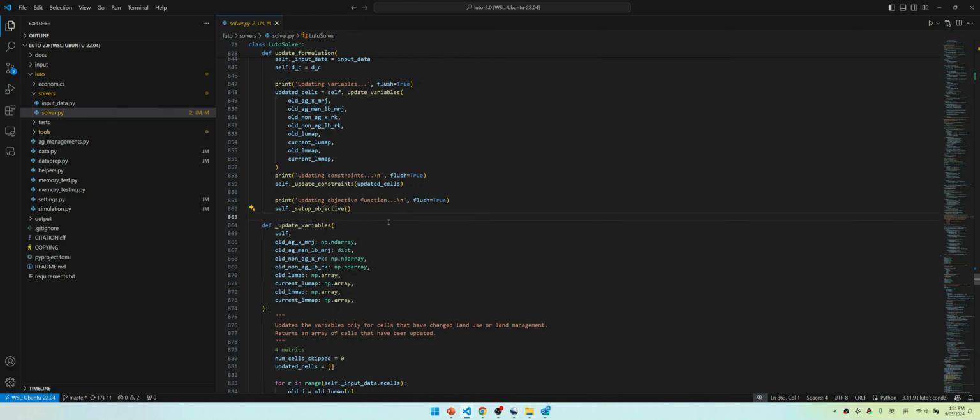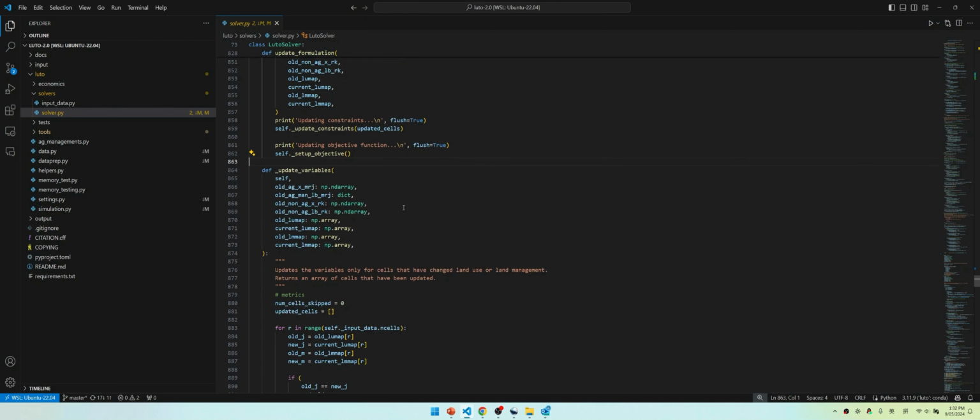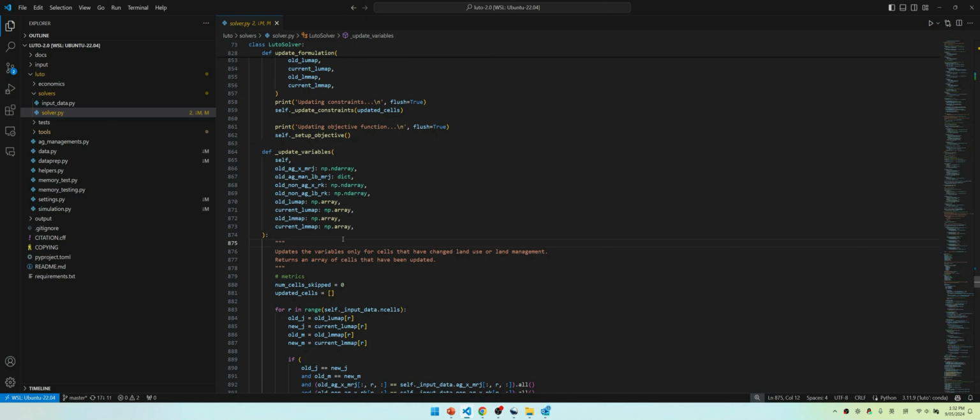Following the objective function is this update variable function. This is an engineering measure to make sure Luto Solver uses as little memory as possible. We know that Luto has to deal with 7 million pixels, but from one year to another, if only 1 million pixels have changed, there should be no need to record the other 6 million pixels. This function serves that purpose.